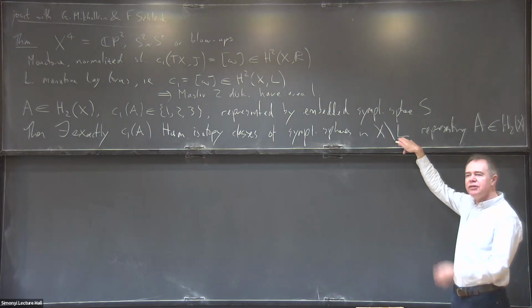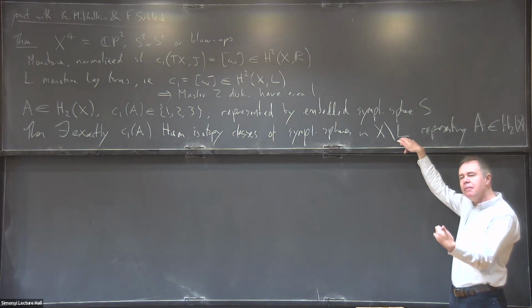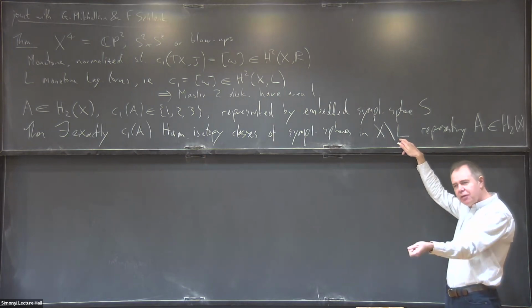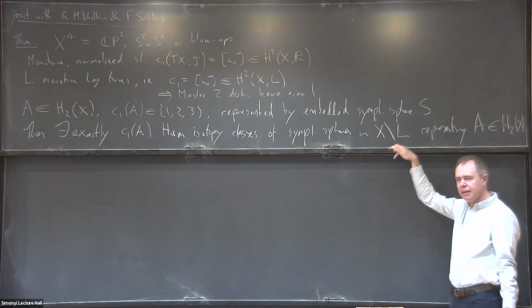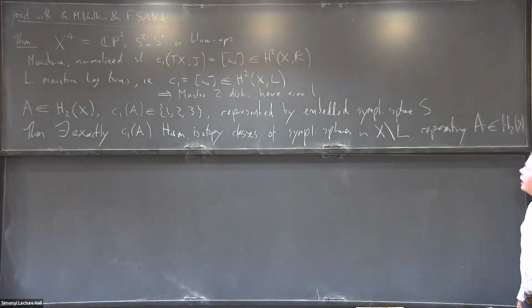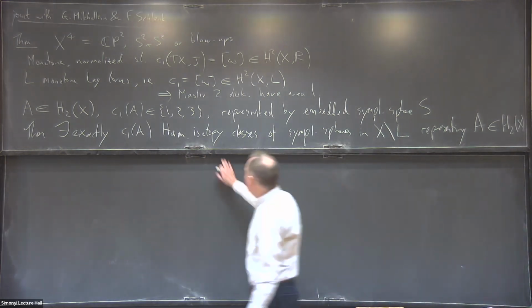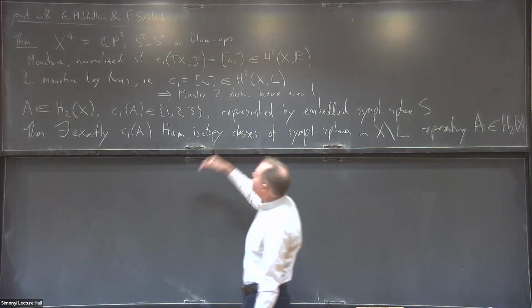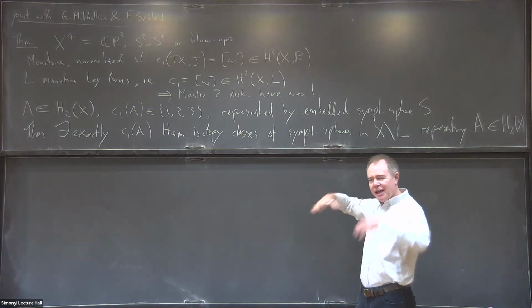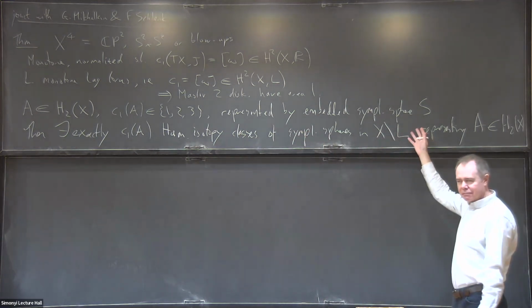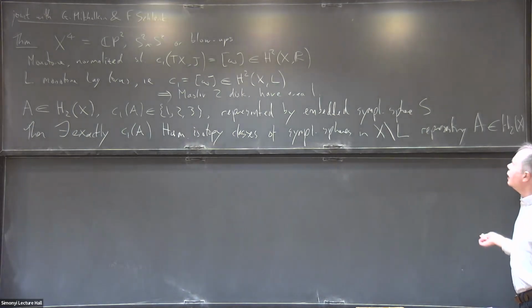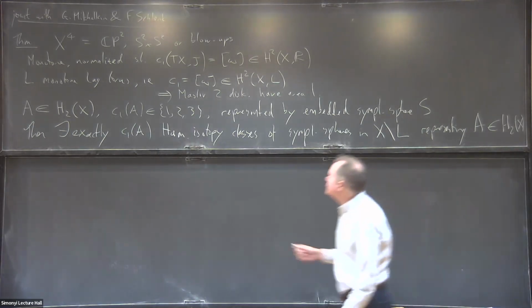So the equivalence relation is that two spheres in the complement are the same if one can be mapped to the other by a Hamiltonian supported away from L. And of course, they're all Hamiltonian isotopic in the ambient space, well, they might be.